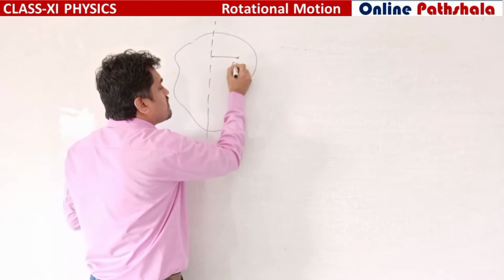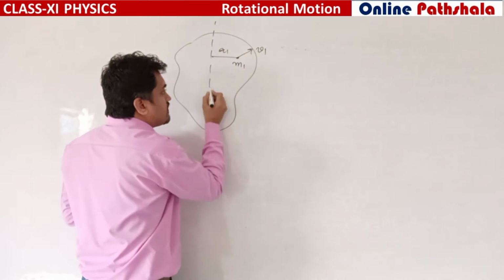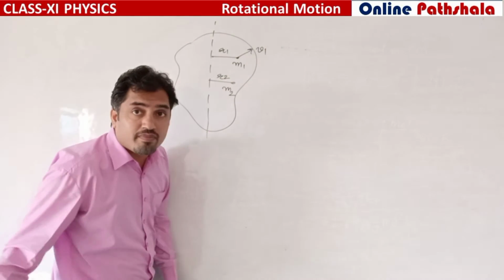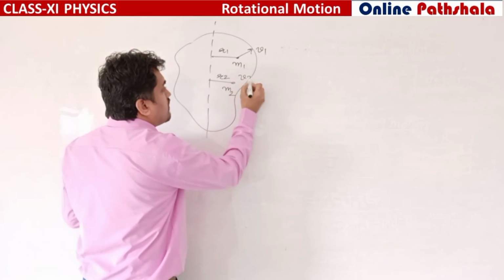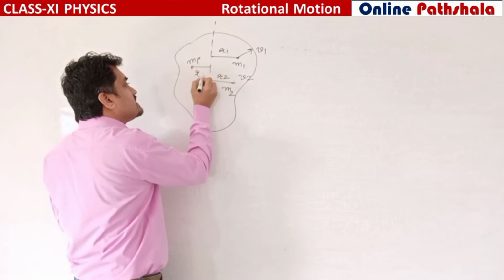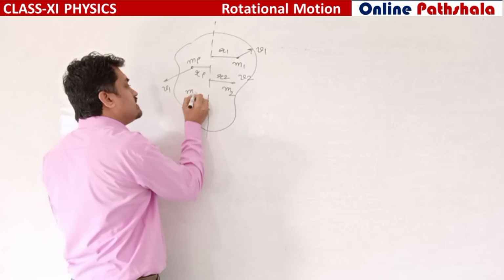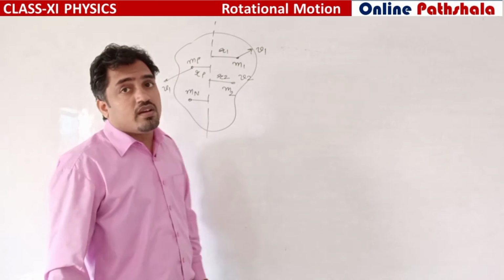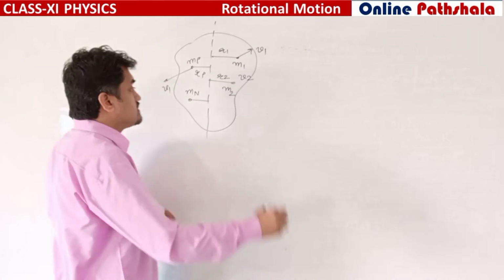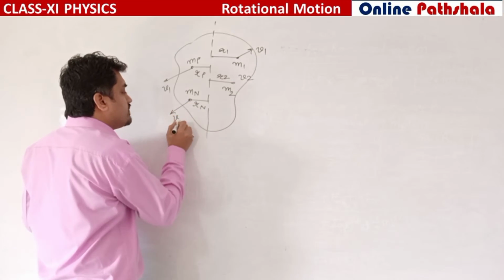Let us consider m1 at distance r1 moving with velocity v1, m2 at distance r2 from the axis of rotation with velocity v2, and the same way mi at distance ri with velocity vi, up to mn. We are considering n number of particles, so mn, rn having velocity vn.